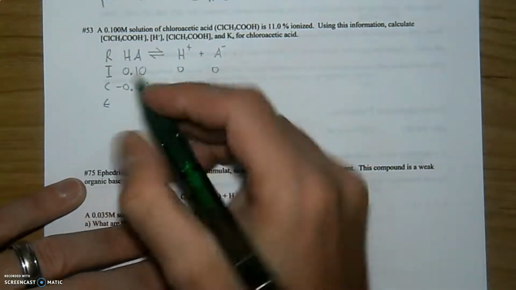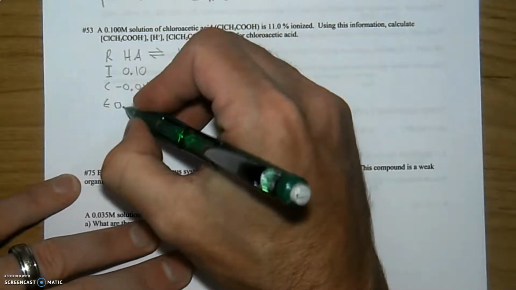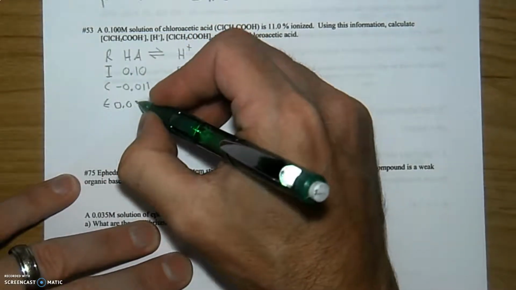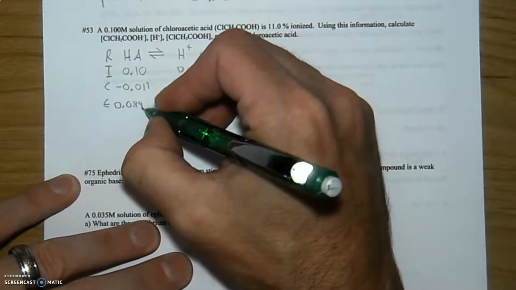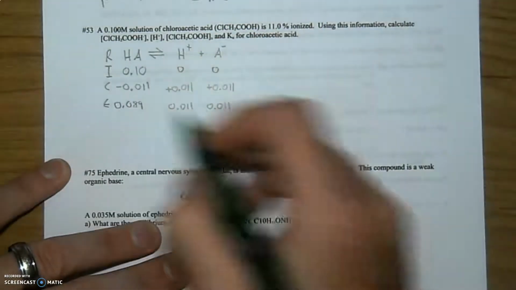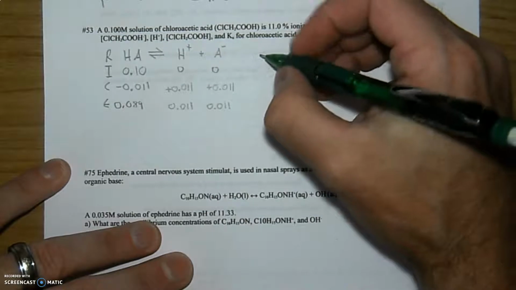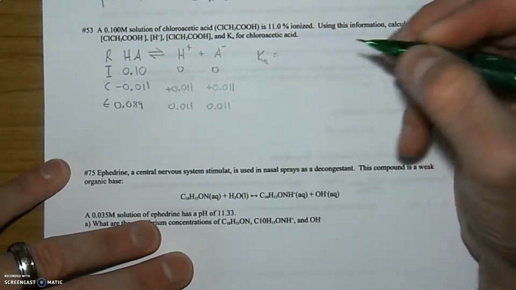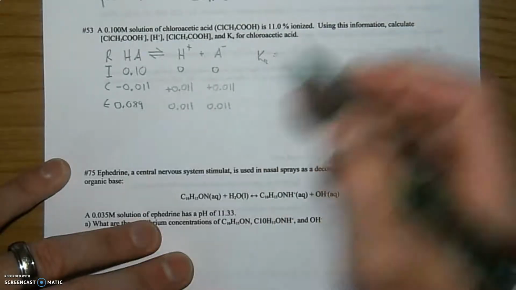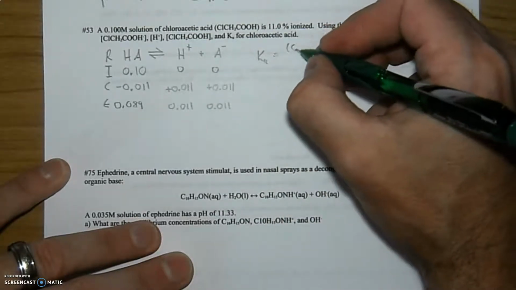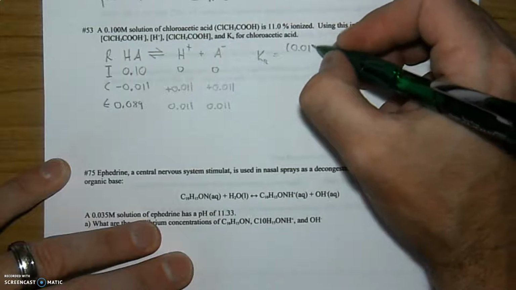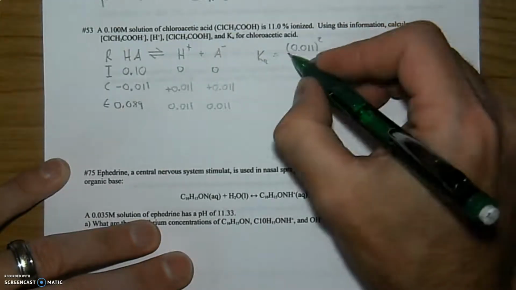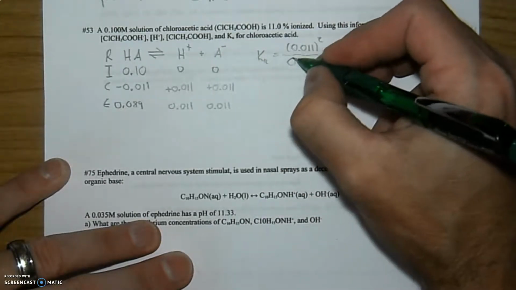Now again, I can go ahead and write this down because it's right here in front of me, and it looks fairly significant. It's 11%, fairly significant. So I'm going to take these and put them into the Ka expression, and solve for that. Given the products over the reactants, I could write these out separately, or I could simply say it's the same value squared, over the original amount.